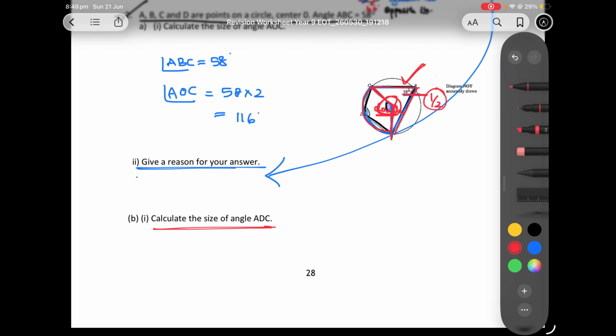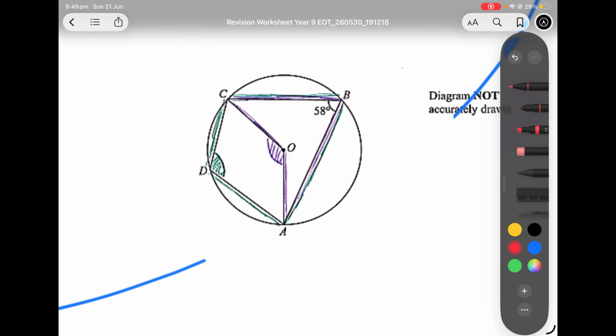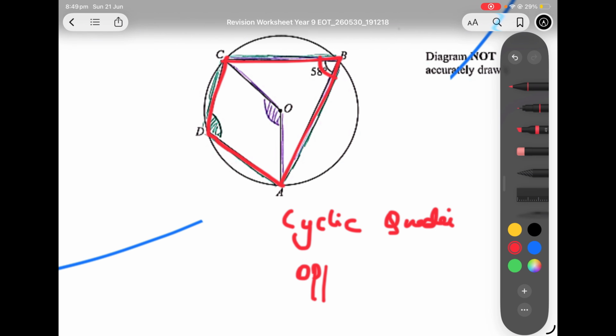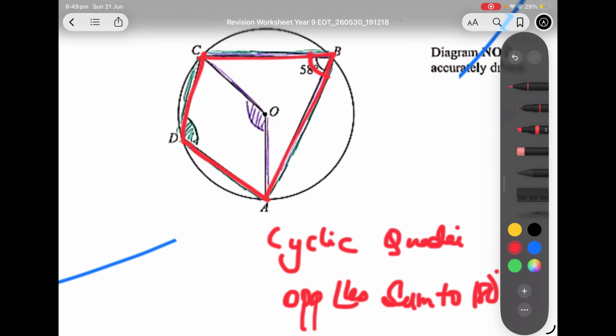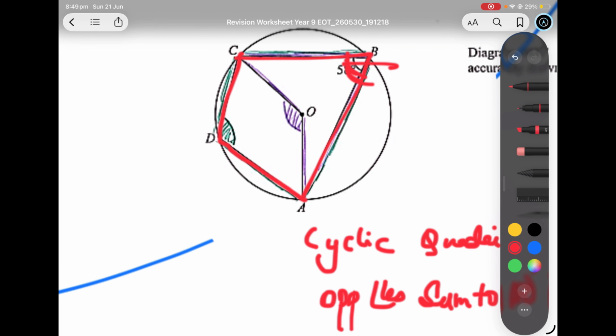The figure has become too dirty, so we'll erase everything and do it again. ADC. Now you know this angle, and this looks like a cyclic quadrilateral. They would ask you what is the reason for this. So this is a cyclic quadrilateral, and in a cyclic quadrilateral opposite angles sum to 180 degrees, is what we know already. So if this is 58 here, then this would be 180 minus 58.